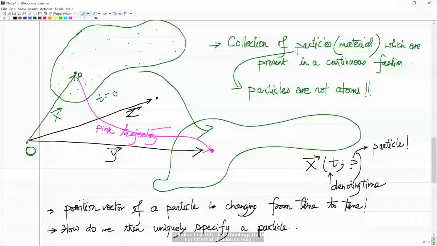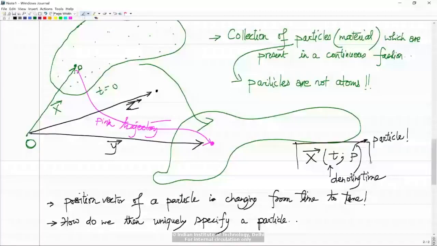For that, we need to have some mathematical equation, right? So we want to simulate a body, and we want to track each of the particles because this is the mechanics of continuum, and we want to see where each of the particles are going. Only then we can then form our body.